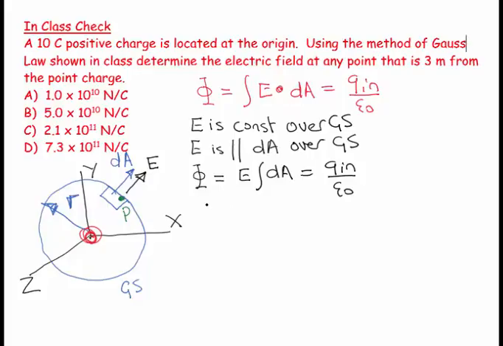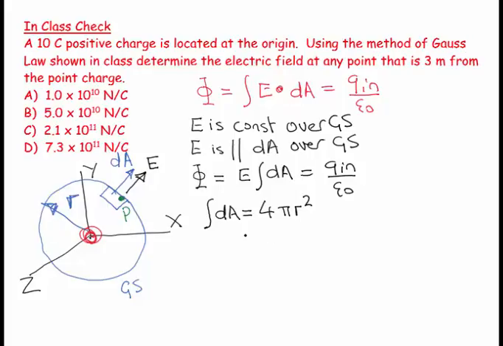Now, the next thing that I realize is that, oh, this is a sphere. So the integral of dA, all the little windows added together throughout the surface, must equal 4 pi r squared. R, of course, is the radius.